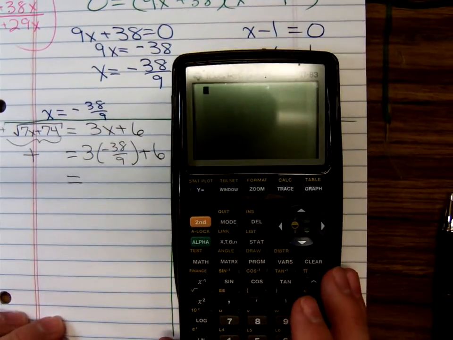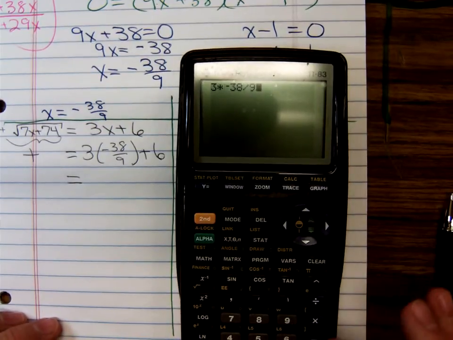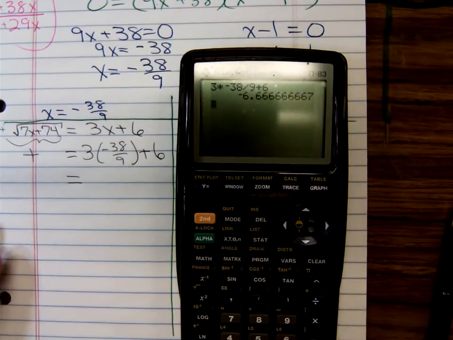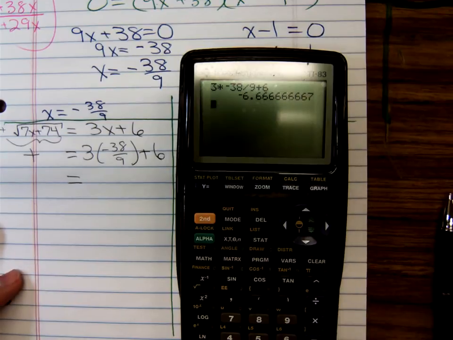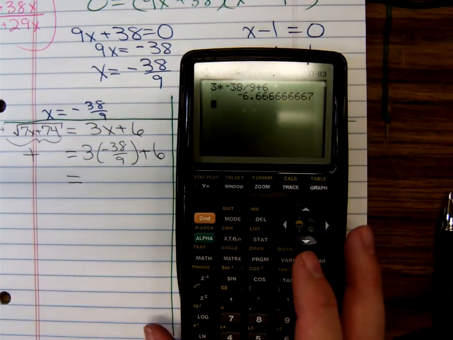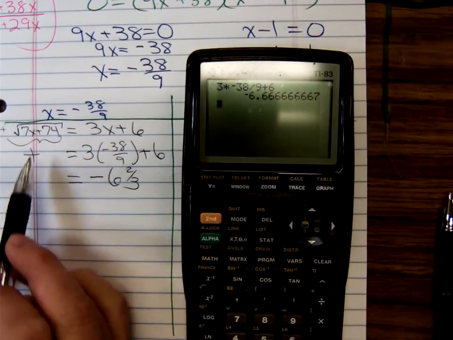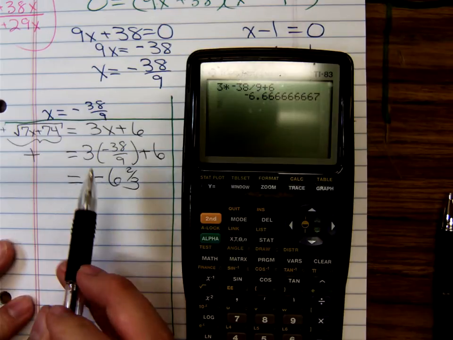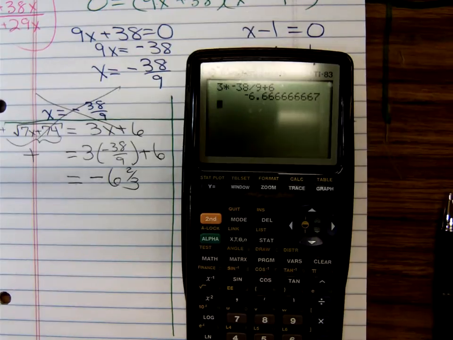We'll take 3 times negative 38/9 plus 6. That's giving me a negative 6 2/3. Can a positive equal a negative? No. So I can tell negative 38/9 isn't going to check. I'm not even going to plug it into the left-hand side.